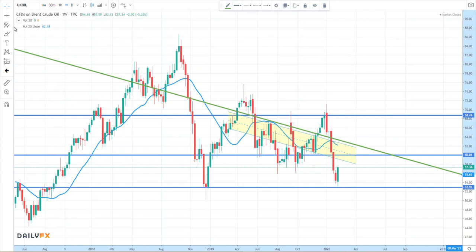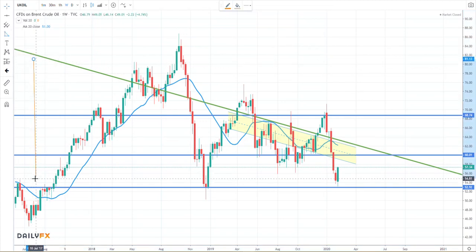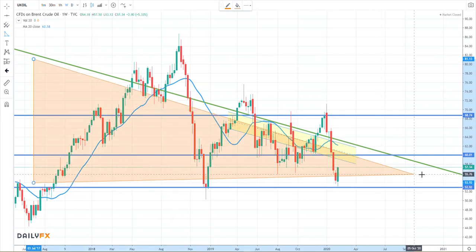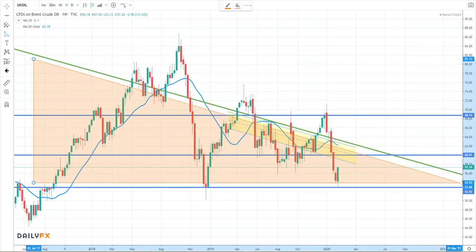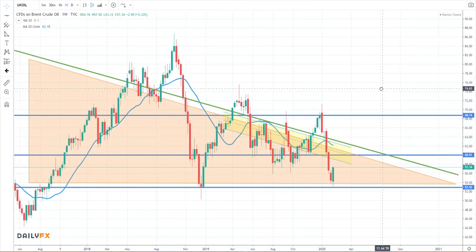So I'm going to use my triangle tool to better show that. If you think you see a shape, you can use these tools to confirm. Boy, that looks like a price triangle to me. So price is in the bottom now, right?